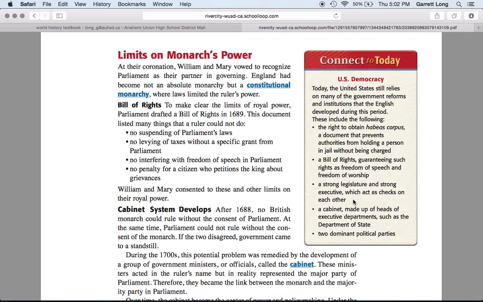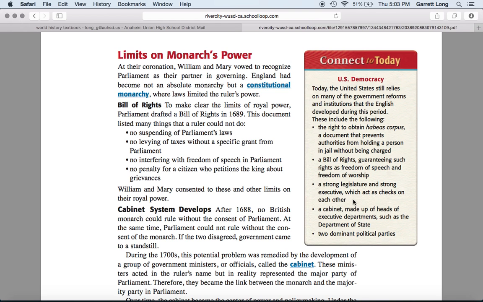And it changes England from an absolute monarchy, where a king and queen does anything they want and rules as they please, to a constitutional monarchy, which means it limits their power. They can only do so much, and they have to follow a set of rules and laws.